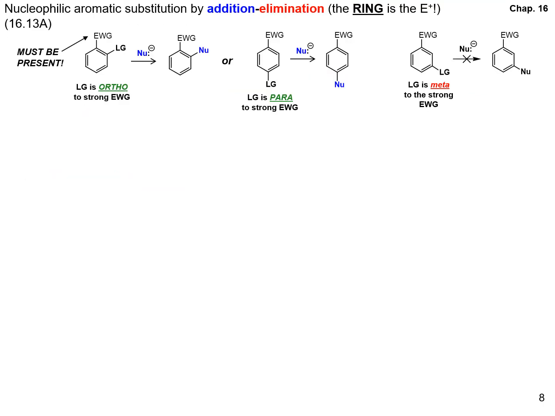Your book describes two types of nucleophilic aromatic substitution. This slide will describe nucleophilic aromatic substitution by an addition-elimination mechanism. Remember, in electrophilic aromatic substitution, you're substituting a hydrogen on the benzene ring by benzene acting as a nucleophile reacting with an electrophile.